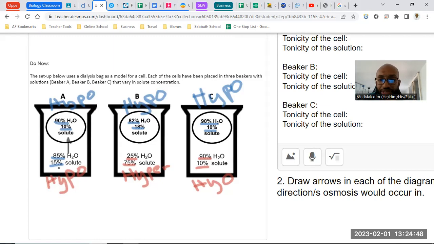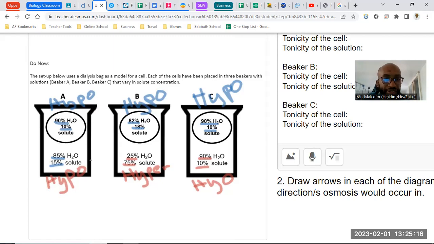Any other options? We do have more water on the inside than on the outside. Anybody saying that it should go both ways? Because that's an option too. No? All right, no takers?